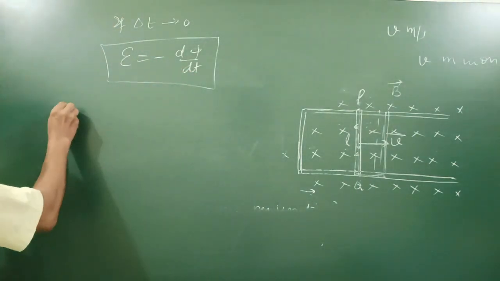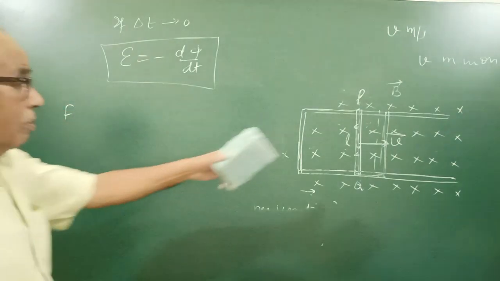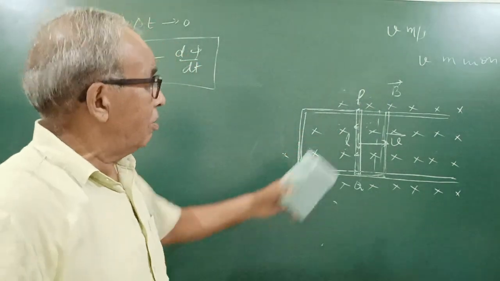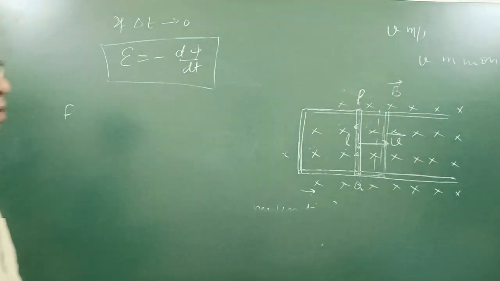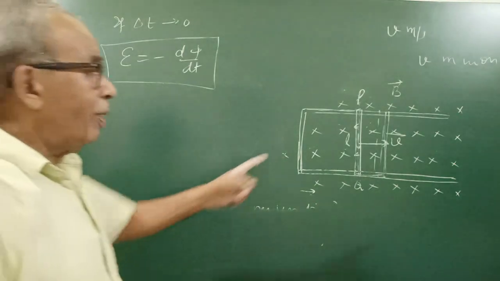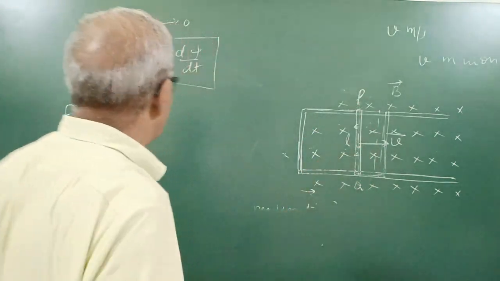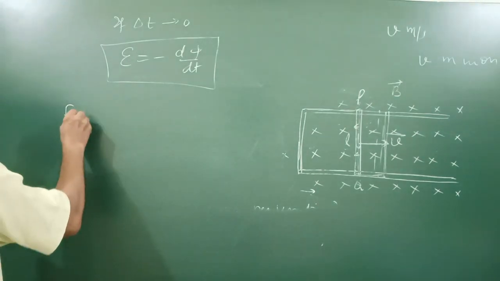Further, this electric field E equal to V by L, right, potential difference divided by length. Further, it can be proved easily.